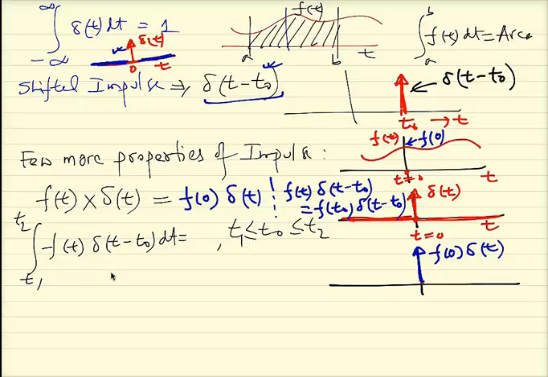Now the properties that we have explained earlier, the area under delta(t), we change a little bit here, and it's very easy to understand. You have a function f(t), and you multiply that by delta(t minus t naught).